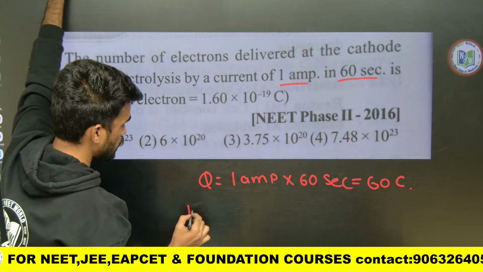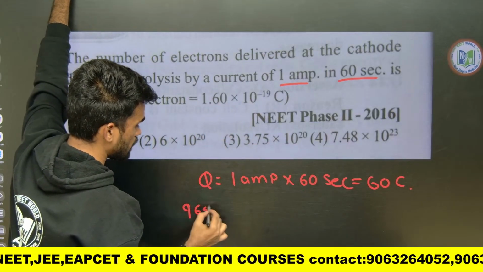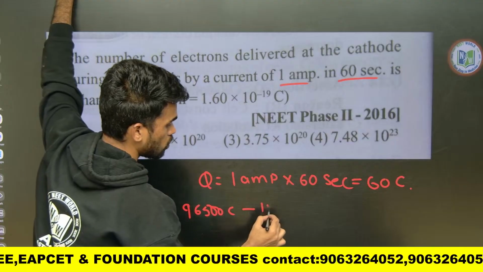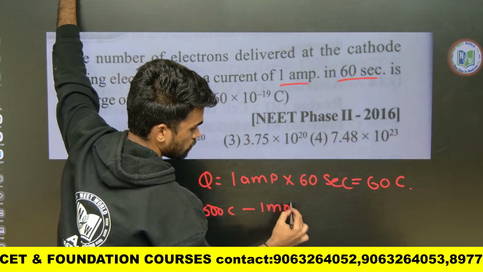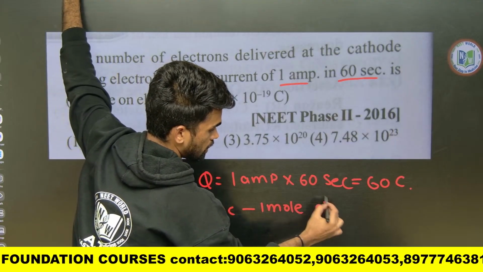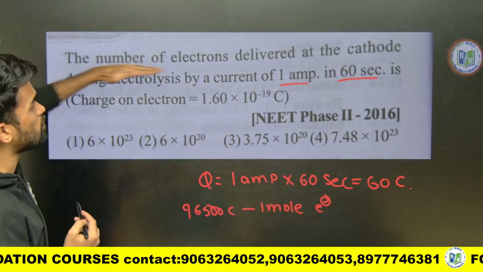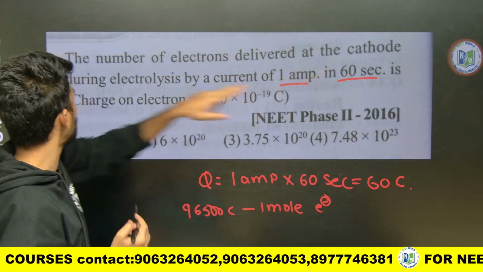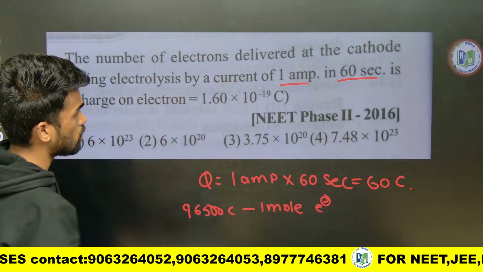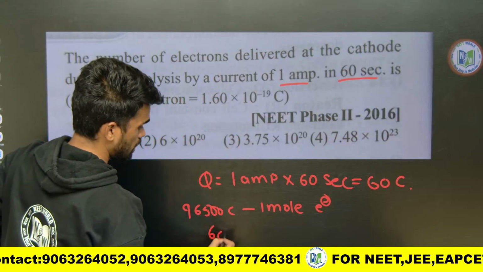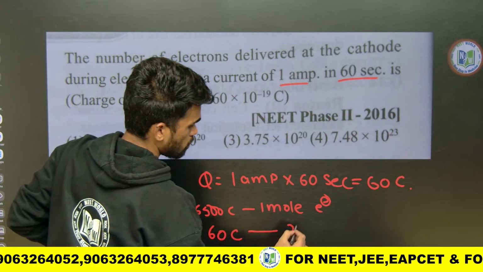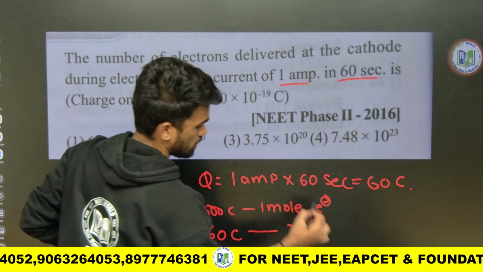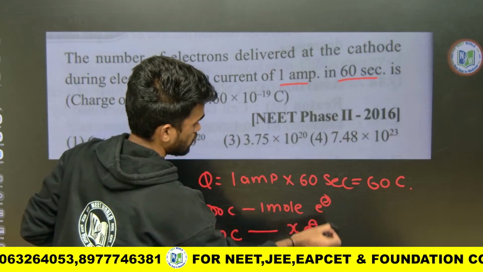We know 96,500 coulombs means 1 mole of electrons. What they are asking is the number of electrons delivered at cathode during the electrolysis. How many coulombs are we given here? 60 coulombs. Then how many moles of electrons can you take?